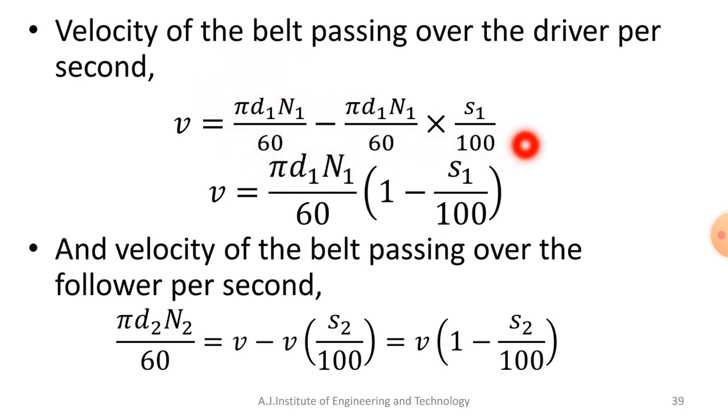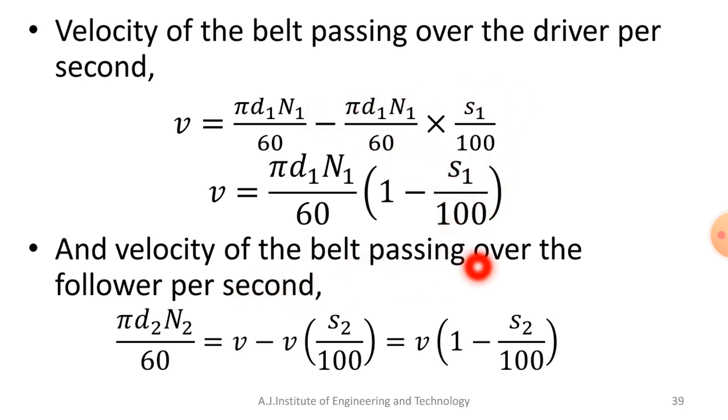Because of this S1 slip, the velocity will reduce. So after considering S1 percentage of slip, the velocity will be pi d1 n1 divided by 60 into (1 minus S1 divided by 100).